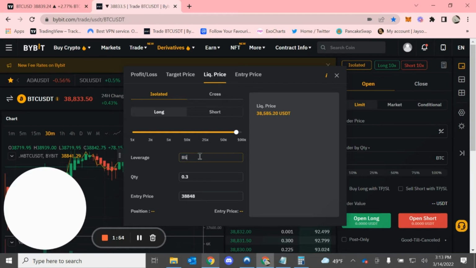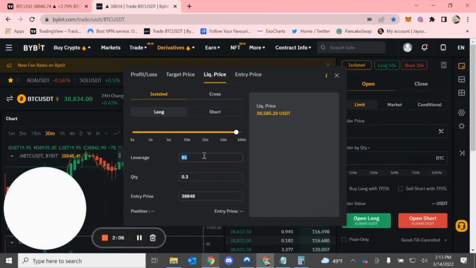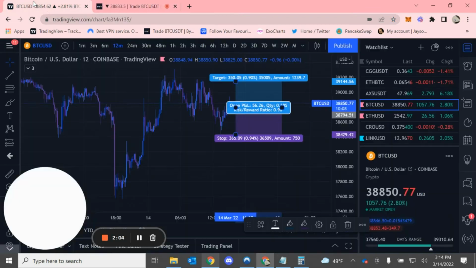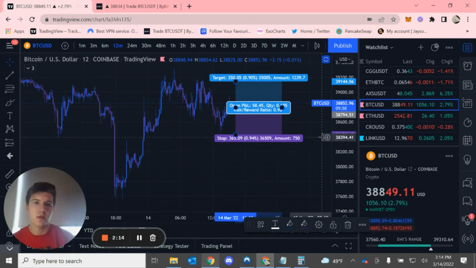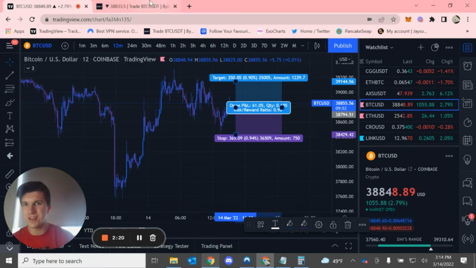Let's try 85. And here, if we type that in, we can still see that it is higher than what our stop loss is. Therefore, we gotta continue to go down. So we'll do 70. We'll double check to see if our liquidation price is lower than our stop loss, which it is not. We still need to lower it.